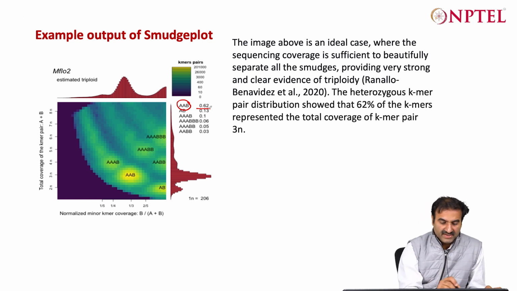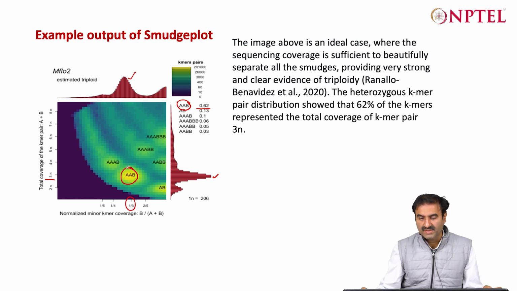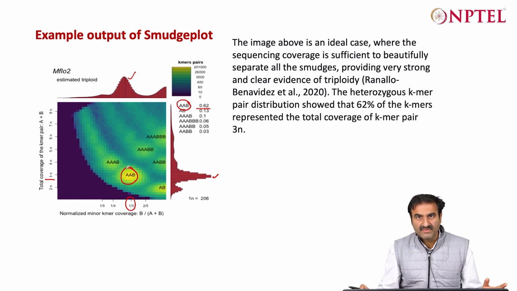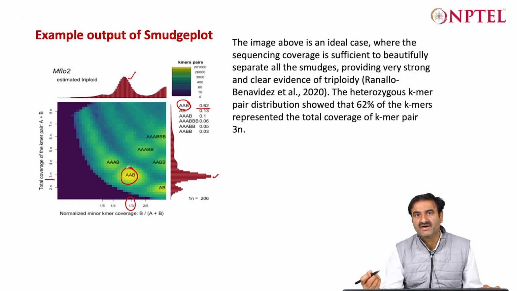And you can see that at 3n, that is ploidy level 3n, it is giving a peak here and a peak here, which tells that this K-mer combination is covering most of the K-mers, like 62% of the total coverage.